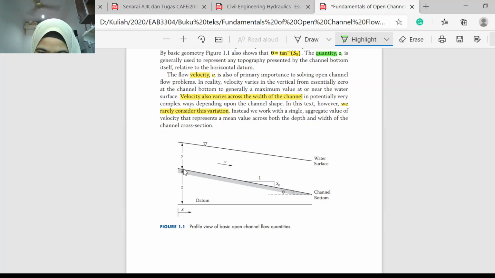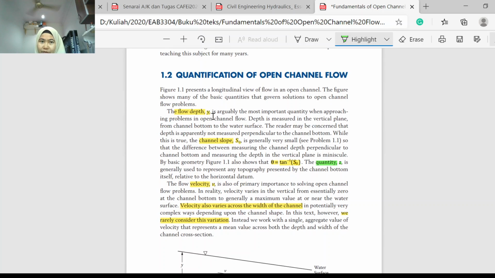So this is the channel bottom. There is also a slope here, which is determined by the angle of the slope. So this is the basic profile view of open channel flow quantities. Okay, let's read. The flow depth is arguably the most important quantity when approaching problems in open channel flow.